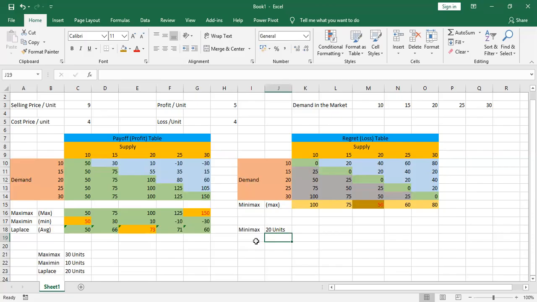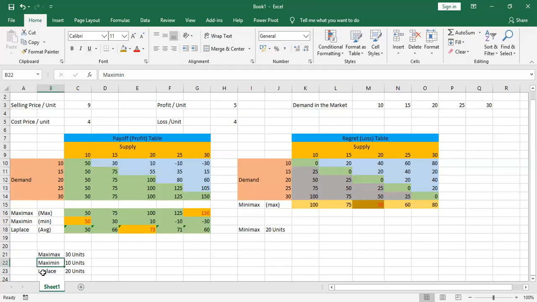That is maximax. Some persons believe in telling how much I will earn at minimum in each project, and out of the minimums I will choose where I'll get the maximum profit. That is maximin, the maximum profit out of minimum profits.